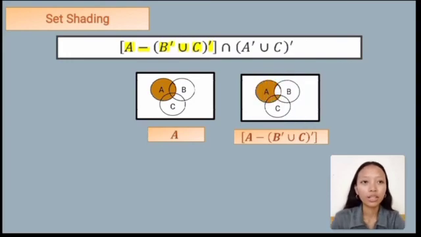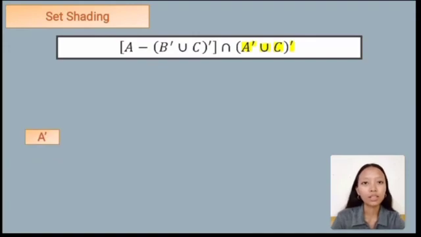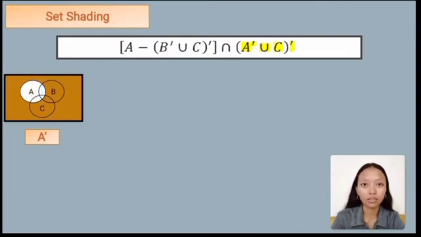For this, we're gonna shade the set A, including the overlapping part of the set A with the set C, and also the middle overlap of the three sets. Next is A prime or not A, which means we're gonna shade everything else outside the circle A or the set A, which will look like this.